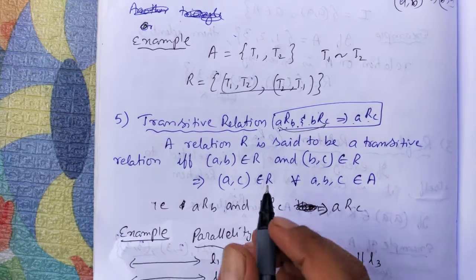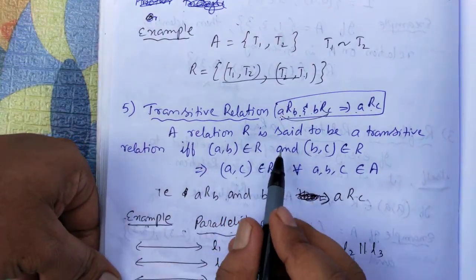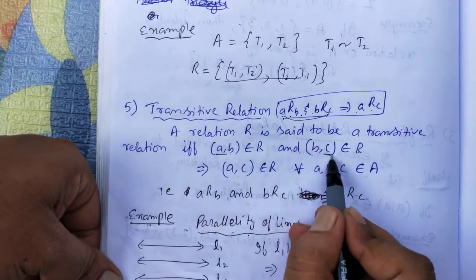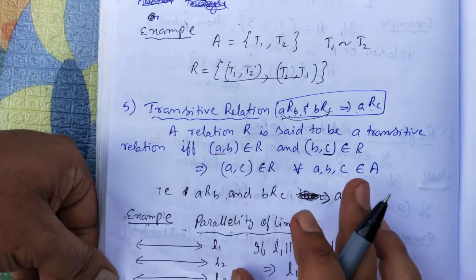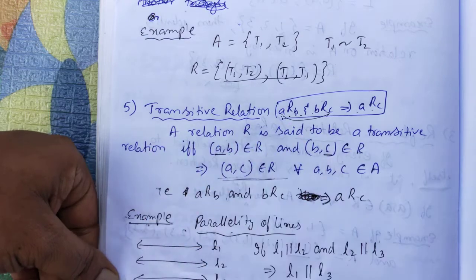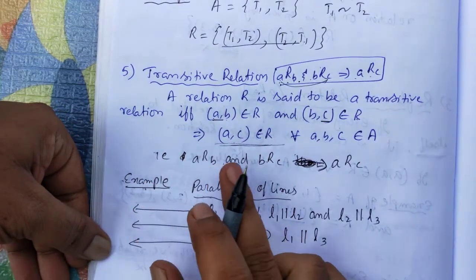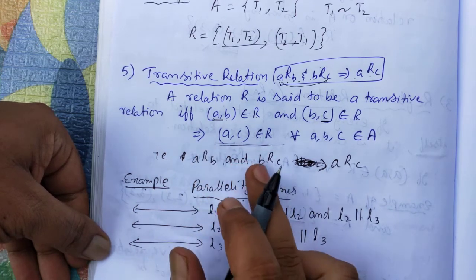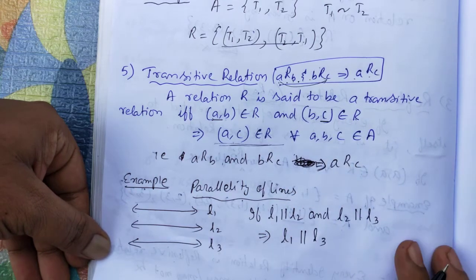That means in ordered pairs we can say if (a,b) belongs to R and (b,c) belongs to R, that means (a,c) must also belong to R. So if this condition is satisfied, then we can say it's a transitive relation. a related to b and b related to c implies a must relate to c. Then only we can say it's transitive.